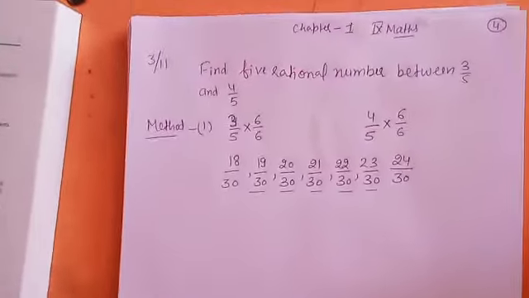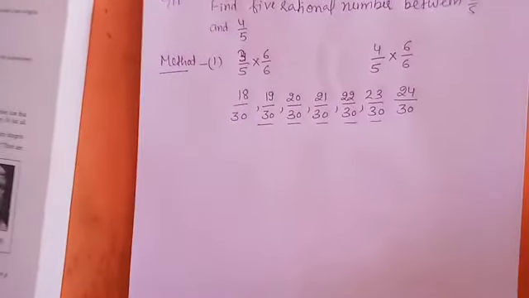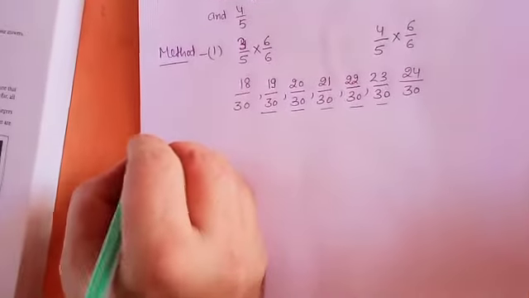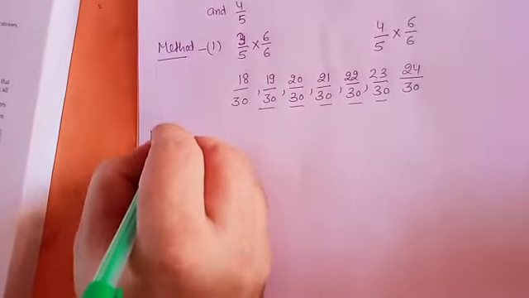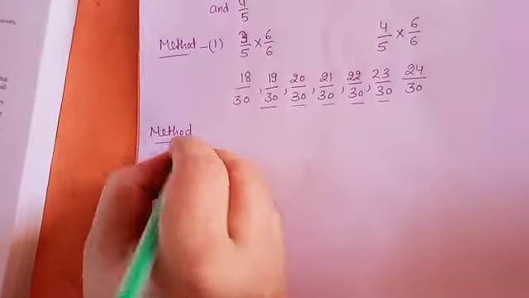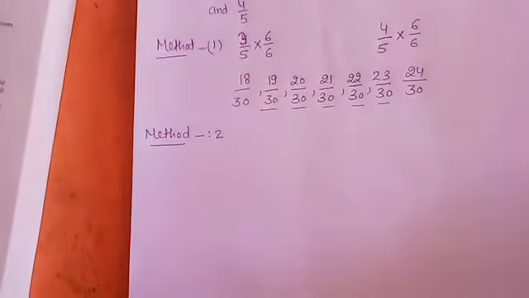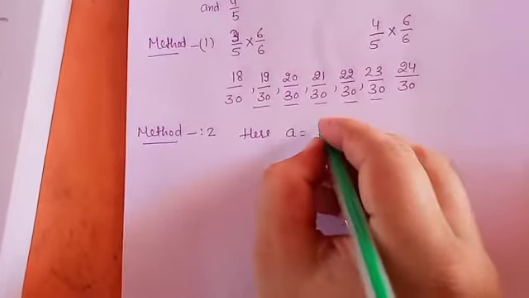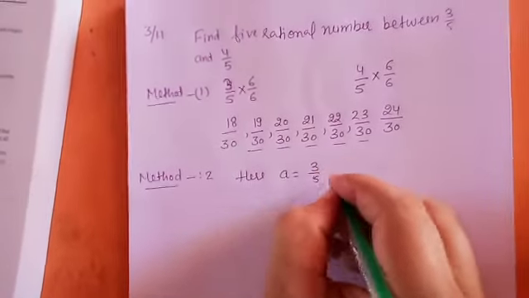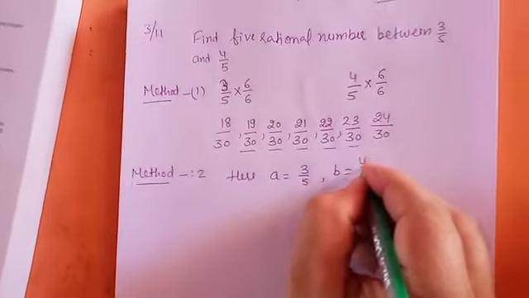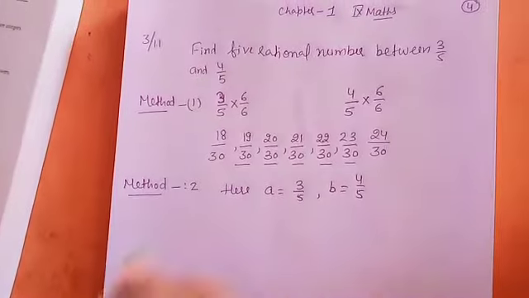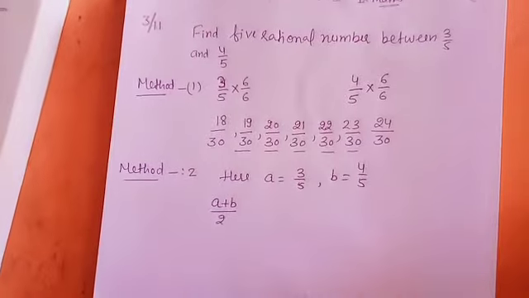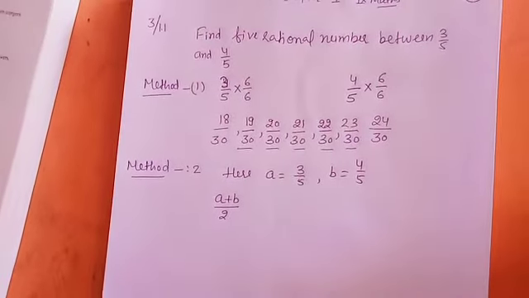One more method, that's difficult as compared to it, but it's better if you can understand that also. Method number 2. Here a is equal to 3 by 5, b is equal to 4 by 5, and we know (a plus b) by 2 is the first rational number which is lying between them.